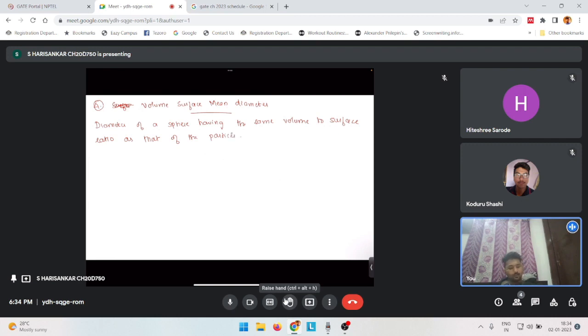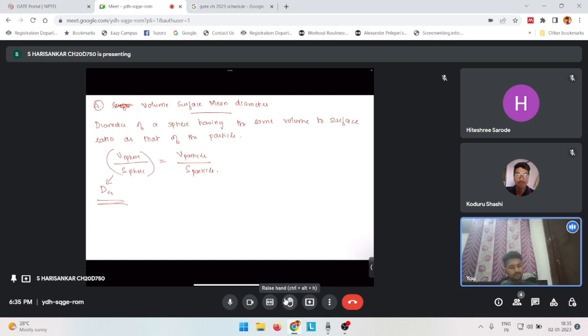So basically the volume to surface ratio, so volume of a sphere by surface area of the sphere will be equal to the volume of the particle by surface area of the particle. So the diameter of this sphere, let's say dvs, which has the same volume to surface ratio as that of the particle, that diameter is called the volume surface mean diameter.